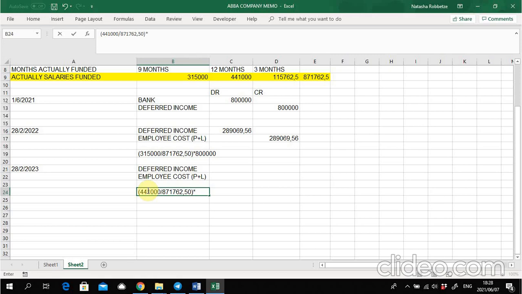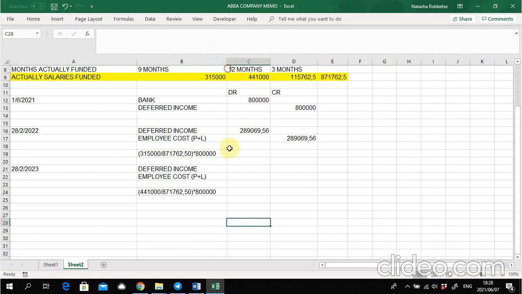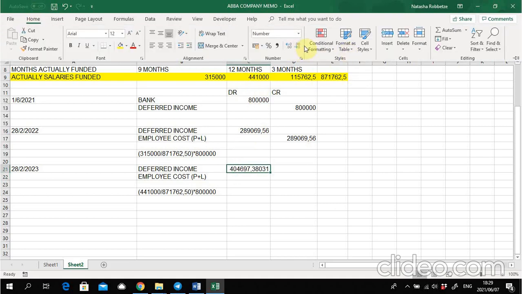And I'm going to times it by the 800,000. If I do this calculation, I get to this divided by the total times 800,000, and I get 404,697.38 rounded to 2 decimals as per the instruction.